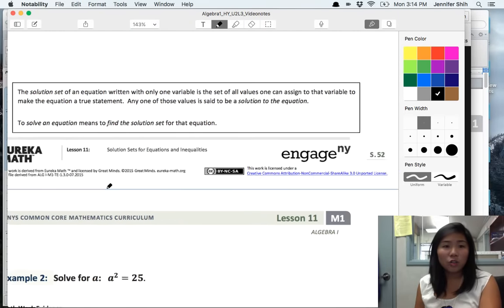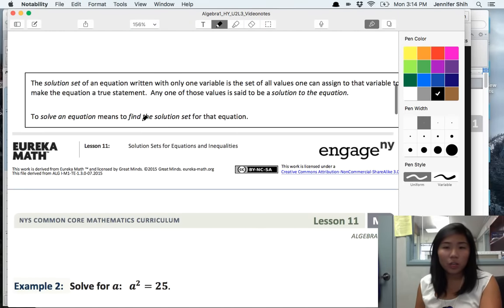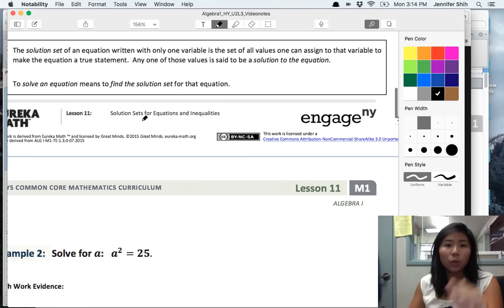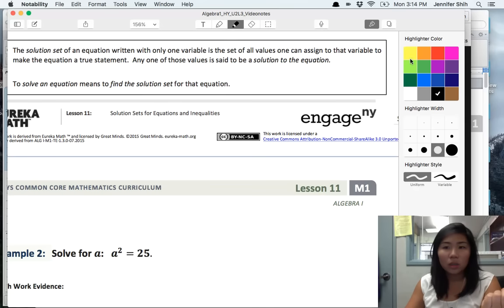The solution set of an equation written with only one variable is a set of all values one can assign to that variable to make the equation a true statement. Solution set is a set of all values that make the equation a true statement.